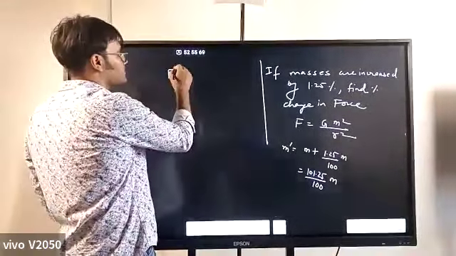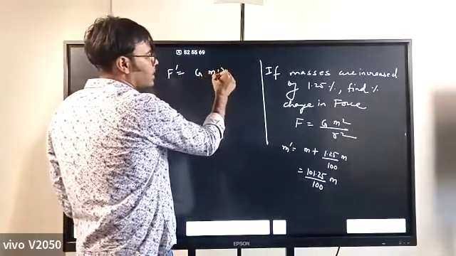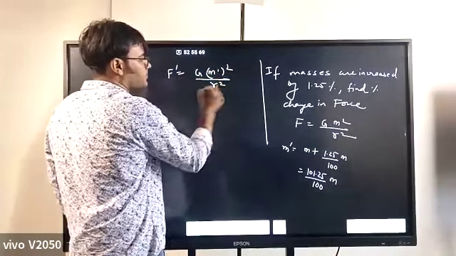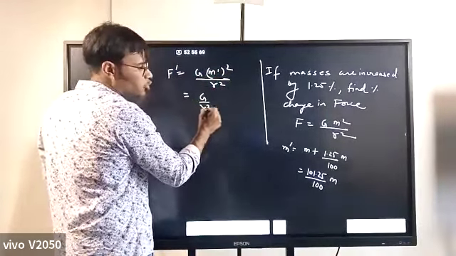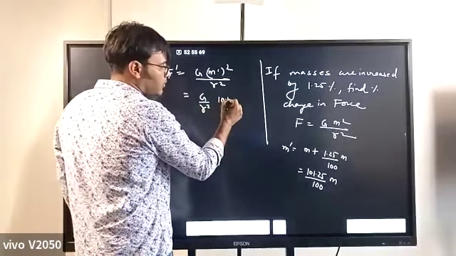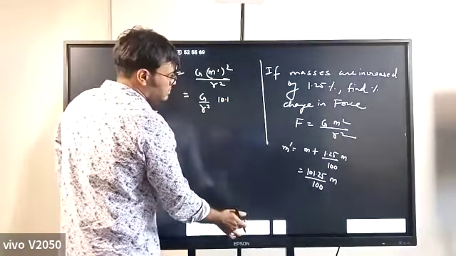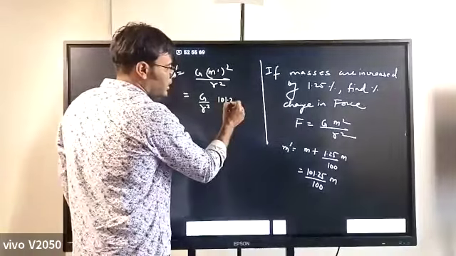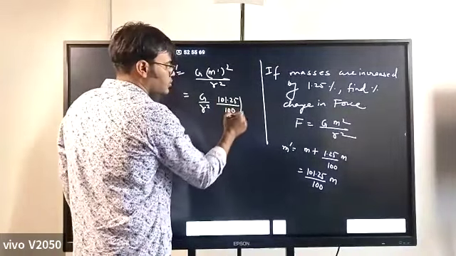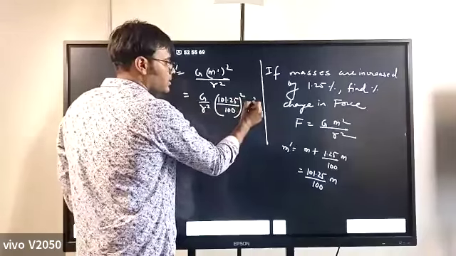So the new force will be G new mass square by distance square. So the new mass square will be 101.25 divided by 100 square into M square.